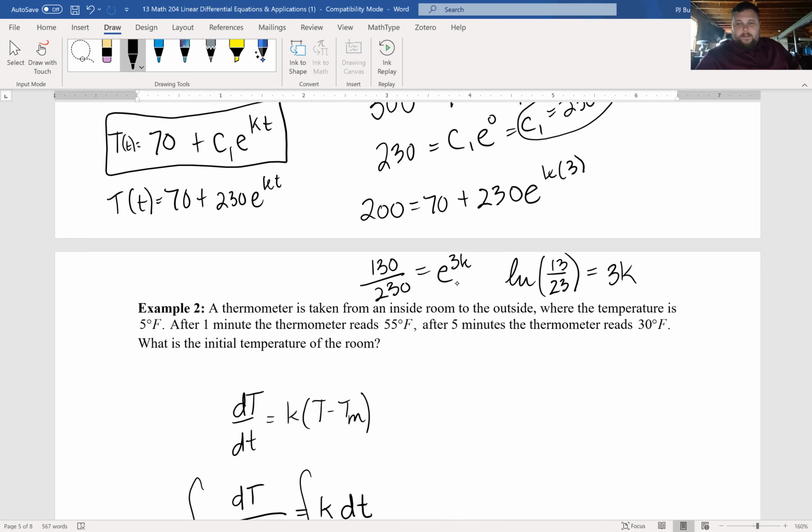And then finally divide through by 3, right? So k equals 1/3 natural log of 13 over 23.